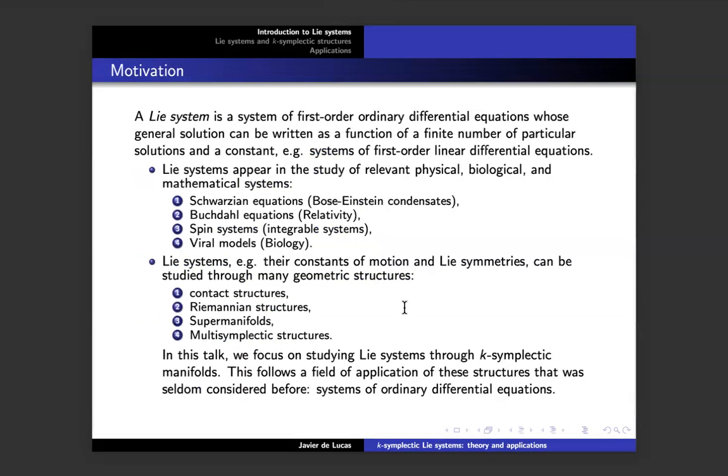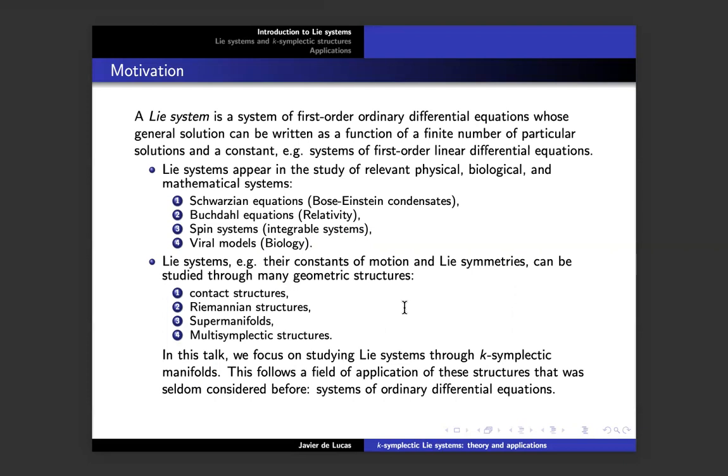So let me recall that a Lie system is a system of first order ordinary differential equations whose general solution can be written as a function of a finite number of particular solutions and some constants.